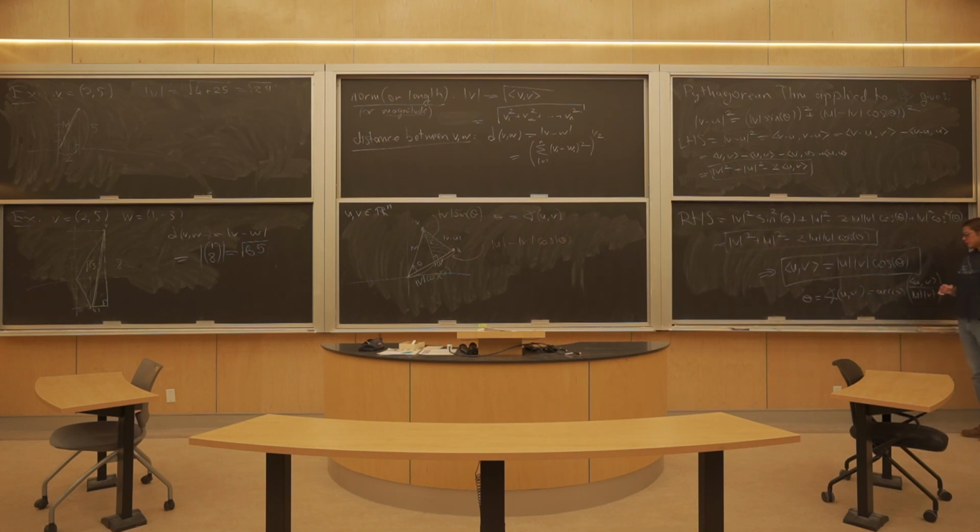Okay. Now, based on this, you say that two vectors are perpendicular or orthogonal to each other if this angle is 90, right? And that exactly happens if their inner product is 0.